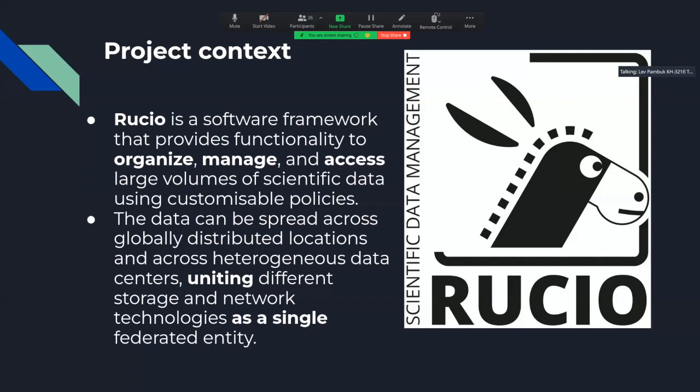Rucio allows you to spread data across globally distributed locations and heterogeneous data centers, uniting different storage and network technologies as a single federated entity.